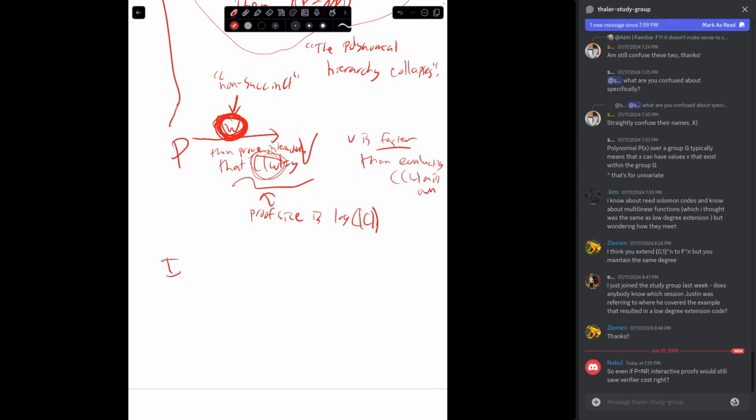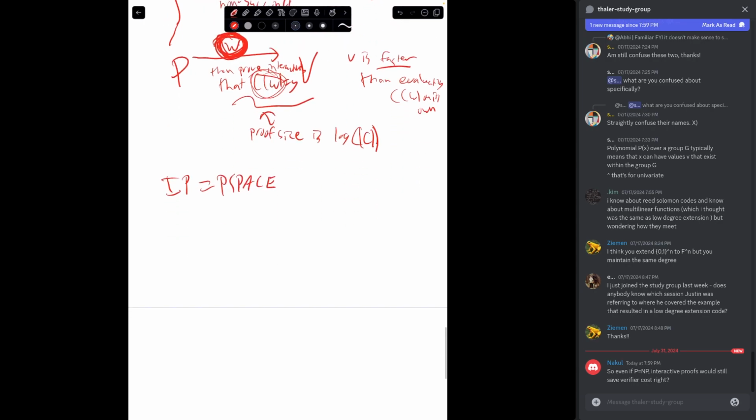Now, with this result, IP equals PSPACE, you might be a little bit confused because that involves the prover. How do I want to say that? Well, okay, the way I'll put it is the protocol for IP equals PSPACE is not more succinct than what's above.